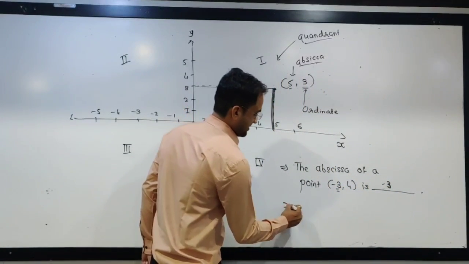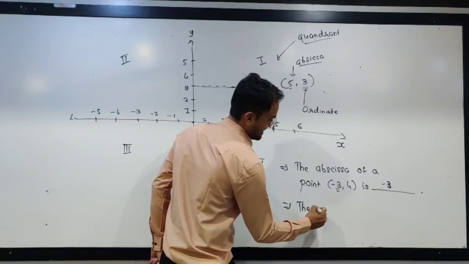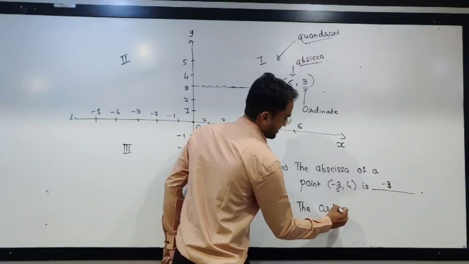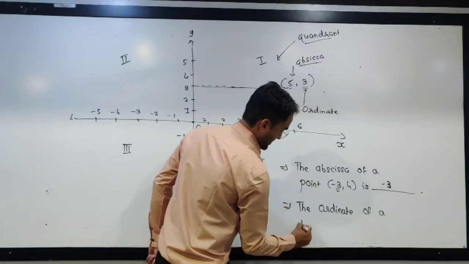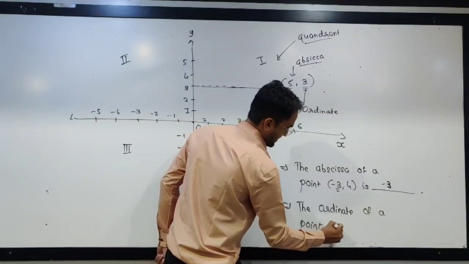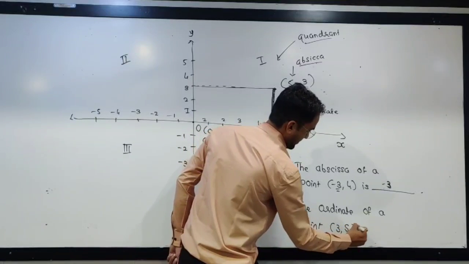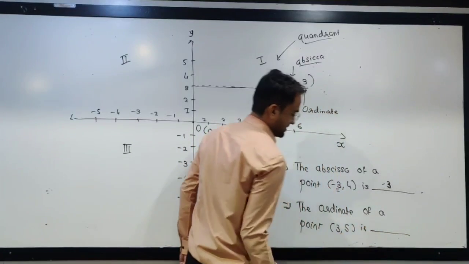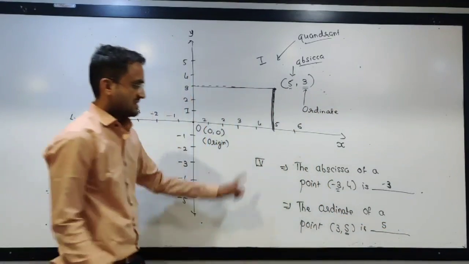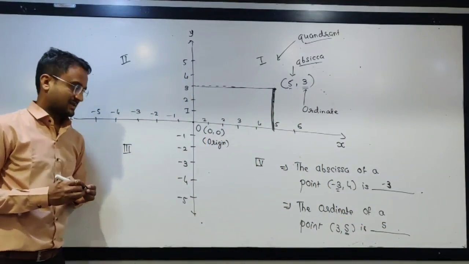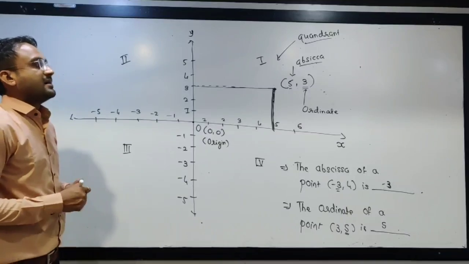If I ask a blank like this: the ordinate of a point (3, 5) is, what is your answer? This is called your ordinate, so the answer is 5. So this type of question will be asked in the exam also, right?